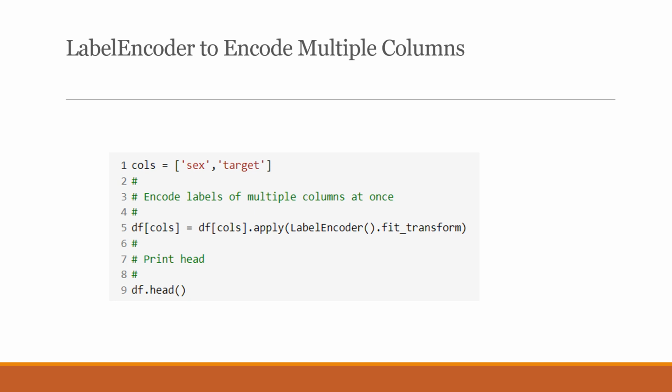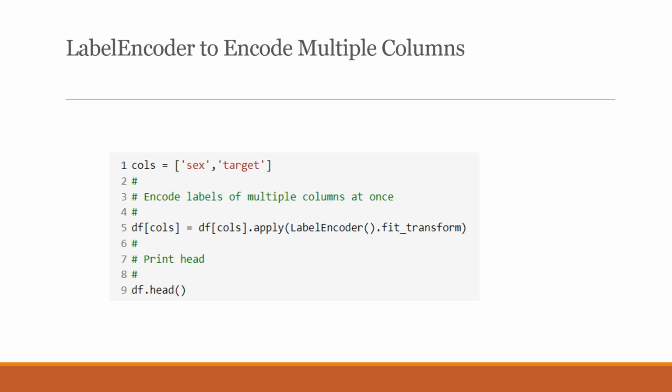If we go to the third line of the code, it applies the apply method to the subset of the data frame that contains the columns specified in cols. The apply method applies a function to a data frame or a subset of a data frame.